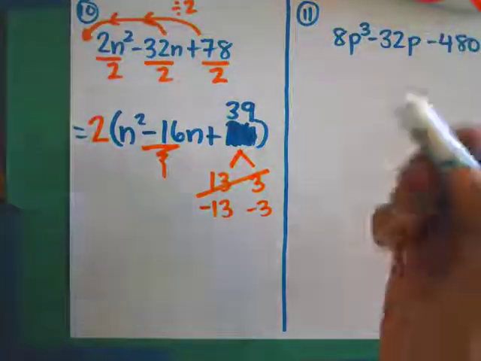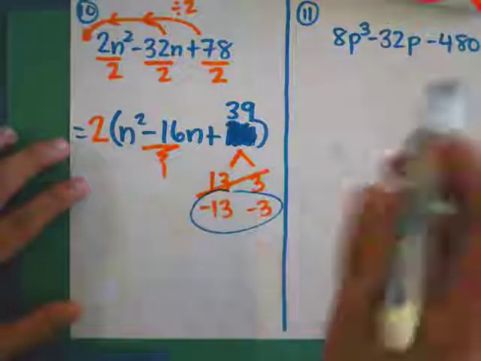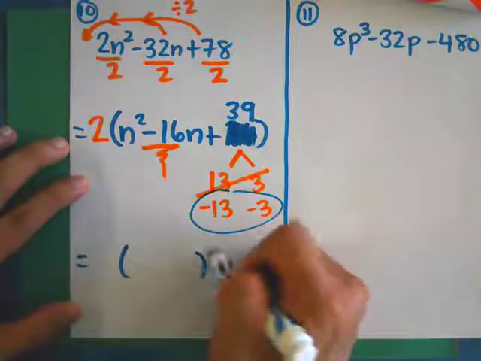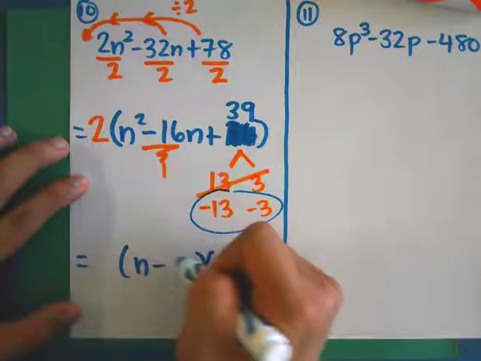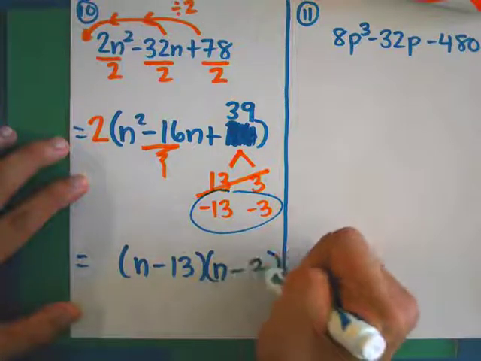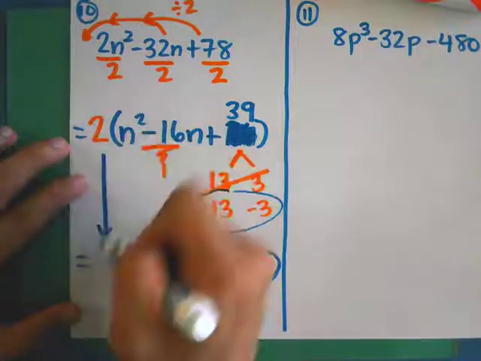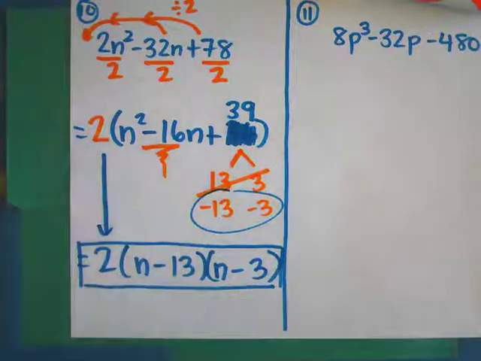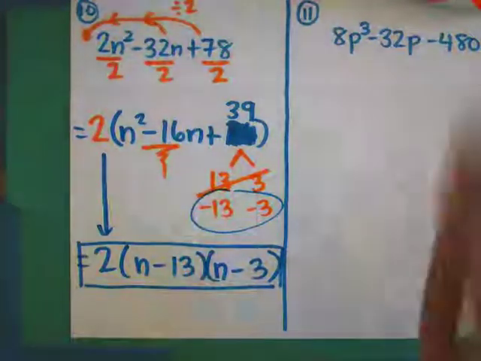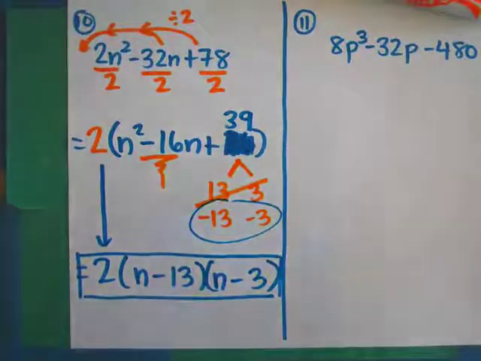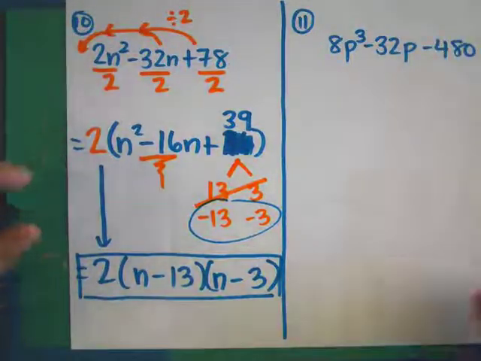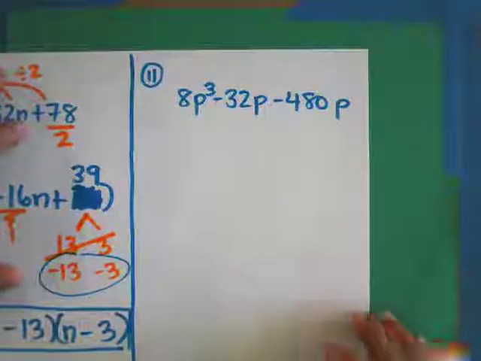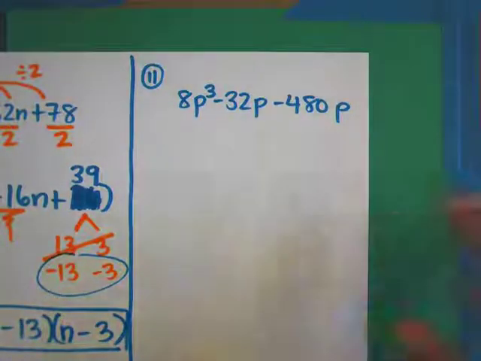Okay, and these two are going to add up to negative 16. So your final answer is going to be, your two factors are n minus 13, n minus 3, and then please drop down that 2, because it is what you extracted at the very beginning. Okay. All right, little mistake over here, but we corrected that one. It's totally fine.